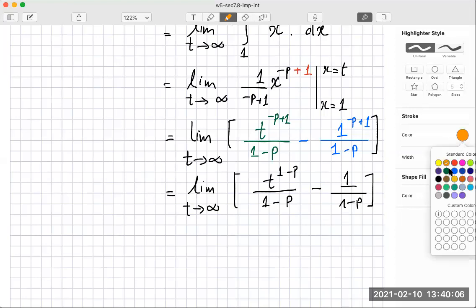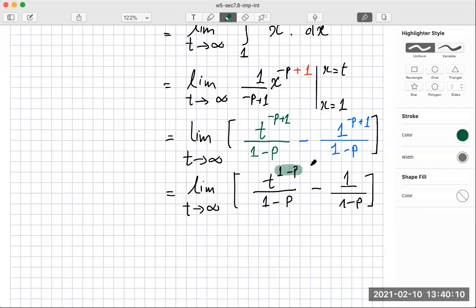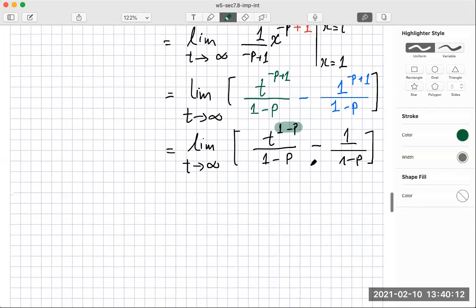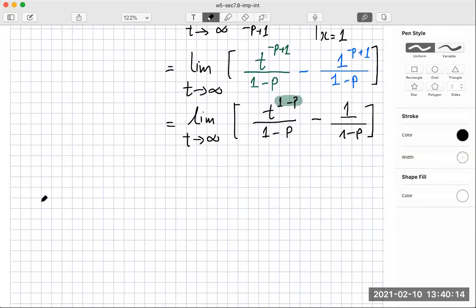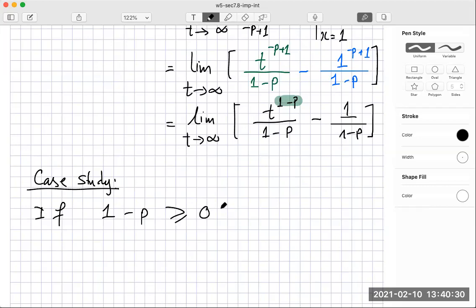The power law tells us that if this power, okay, look at this. If 1 minus p is larger than 0, right?